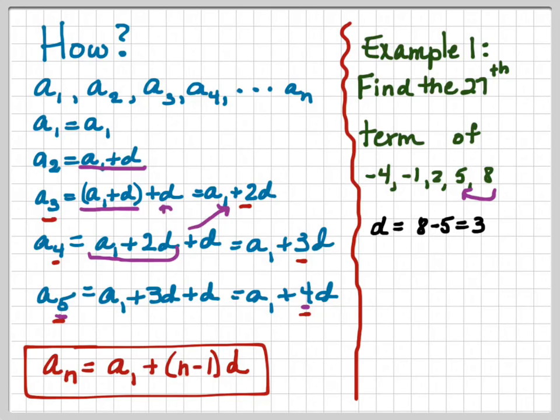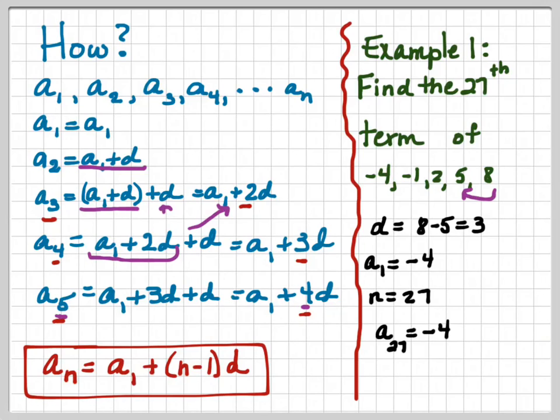You know that D is going to be 8 minus 5, or 5 minus 2, or 2 minus negative 1. It doesn't matter. Take a term, subtract the term immediately to the left of it. So we have D equals 3. We know that our first term is negative 4, so there's our a sub 1. And we want to find the 27th term, so n equals 27.